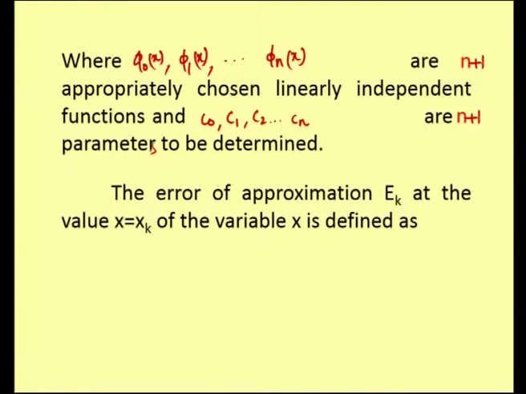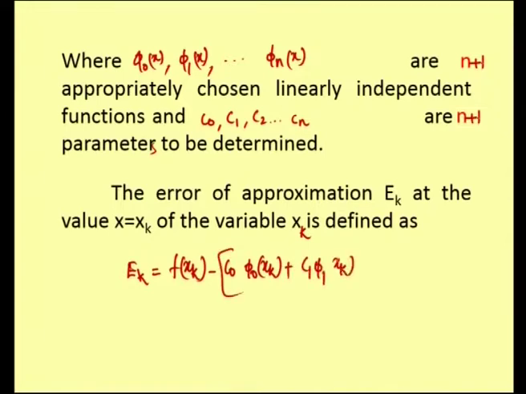So, the error of approximation ek at the value x equal to xk is defined as ek equal to f of xk minus c0 phi 0 of xk plus c1 phi 1 of xk plus etc. plus cn phi n of xk.